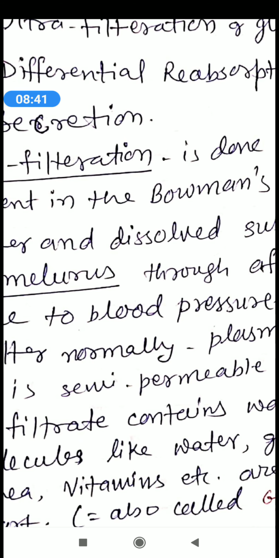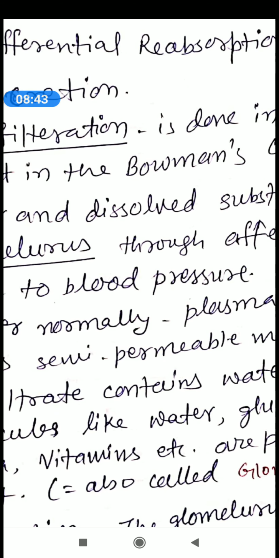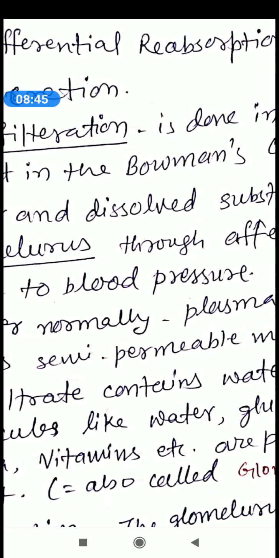Now the filtrate contains water and small molecules like glucose, salts, urea, vitamins, etc. All pass to the next part, the PCT, proximal convoluted tubule. This filtrate is also called glomerular filtrate.